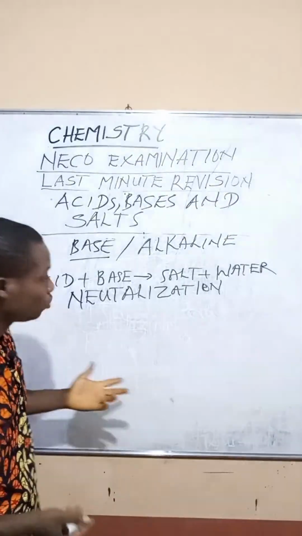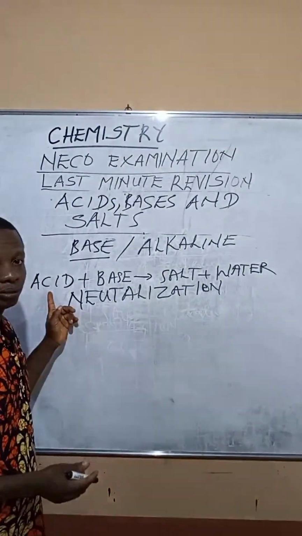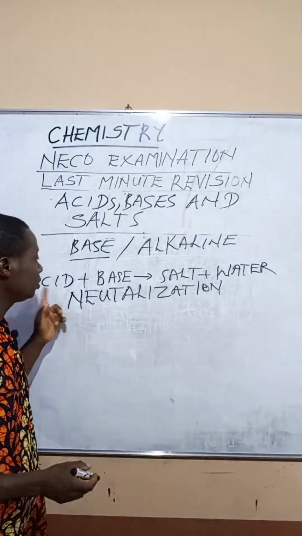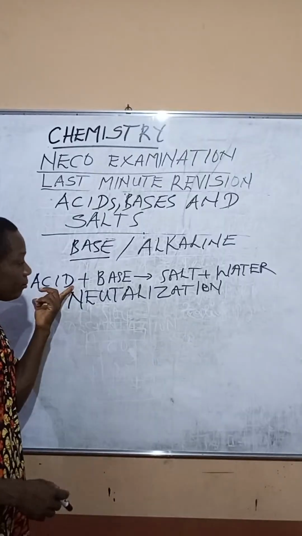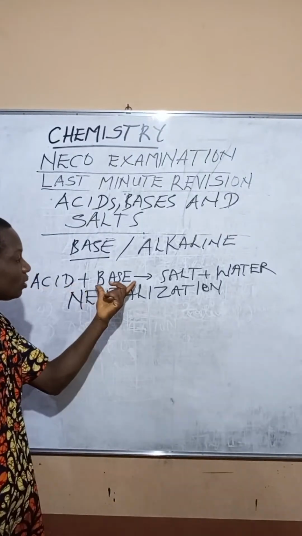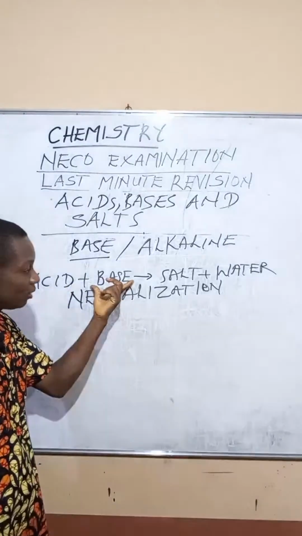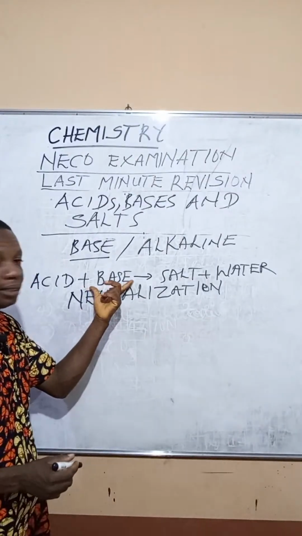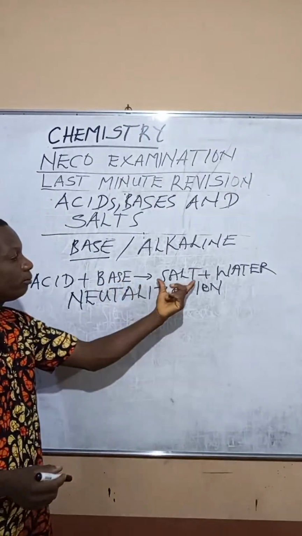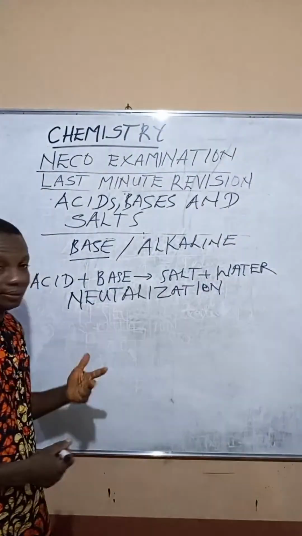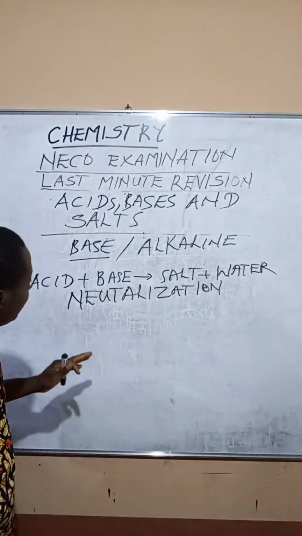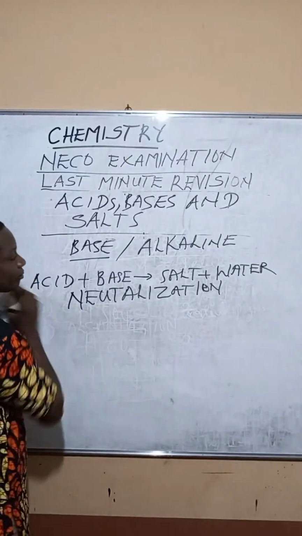Or it is a reaction in which the hydrogen ion in an acid combines with the hydroxide ion in a base to form water. So it can be said in different forms. Please don't forget that.